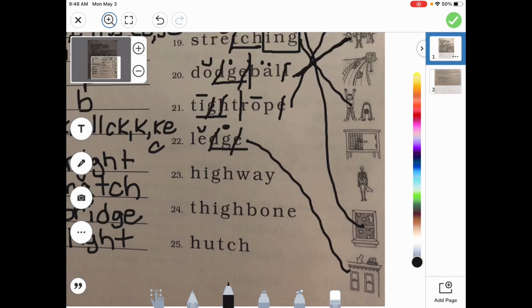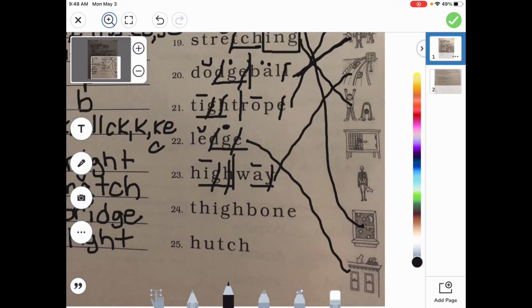Highway. That's 2 words too, so break it up between high and way. On the first part, high, what do you have? Trigraph, IGH, very good. So long I, silent G, silent H, and then way. Digraph, AY, very good. Long A, silent Y. And where's that highway? Right there, very good. Thigh bone.